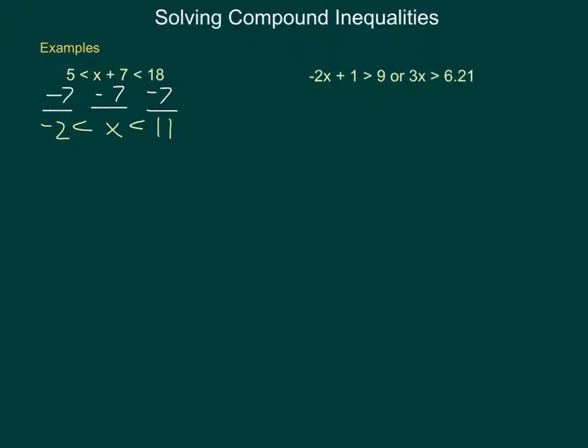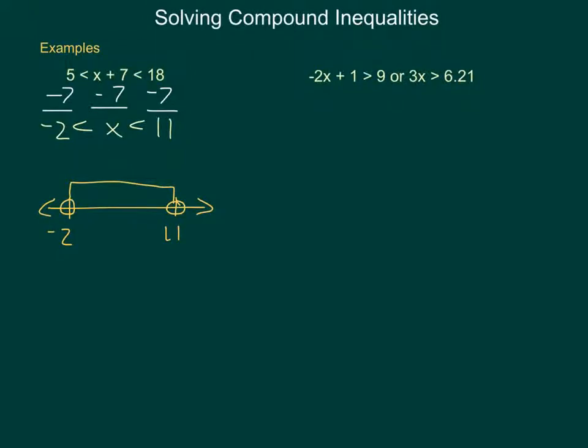Now from a number line standpoint, I have negative 2 and I have 11. On both of these locations, I'm going to have an open circle, and I will include everything in between. So any number from negative 2 to positive 11, not including those endpoints, becomes a valid solution.